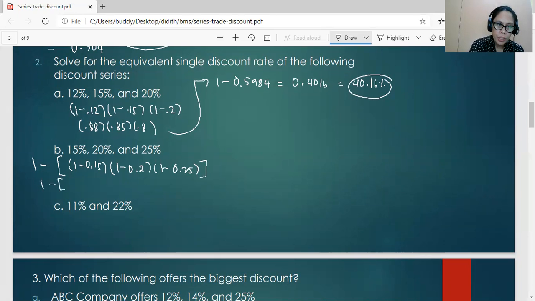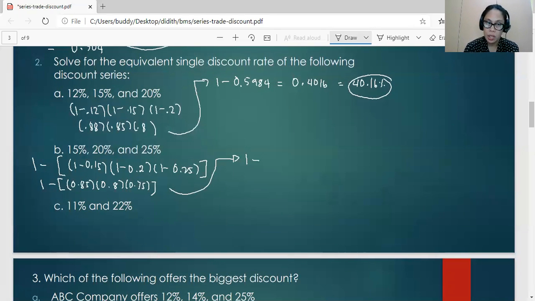So it looks like this: 0.85 times 0.8 times 0.75. Okay, so we have 1 minus the product of the 3.